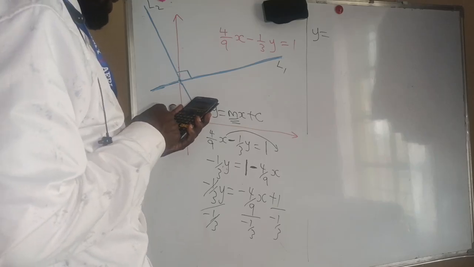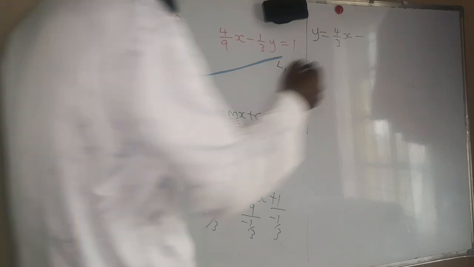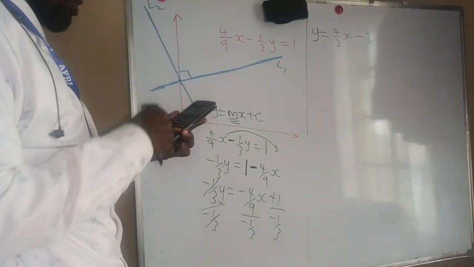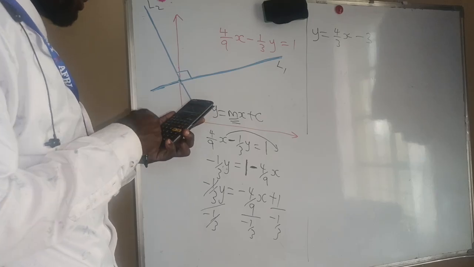So that is 1 and a third, our answer. So we shall have y equals 1 and a third, or 4 over 3, x, which is positive. Then, of course, it will be minus because it's positive 1 divided by negative a third. It is just minus 3. So I'm not wrong. It's just 1 divided by negative 1 over 3.